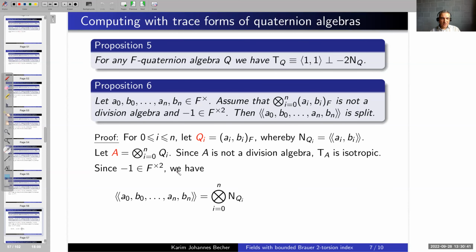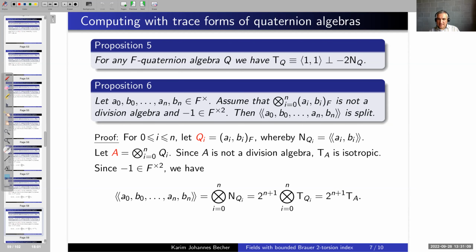And now we get that this n plus 1 fold Pfister form, the tensor product of the norm forms, is up to the scalar 2 the tensor product of the trace forms. So I took them out here. There are n plus 1 of them, so I took the n plus 1 exponent out here. But this is just a scalar. And this here is actually, up to the scalar, the trace form.